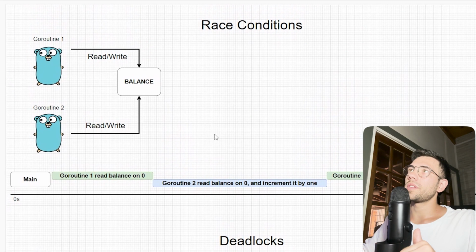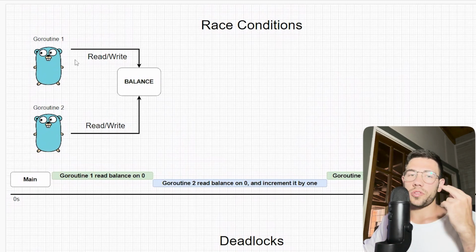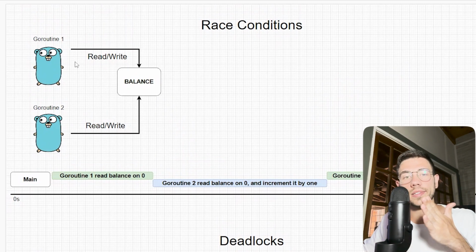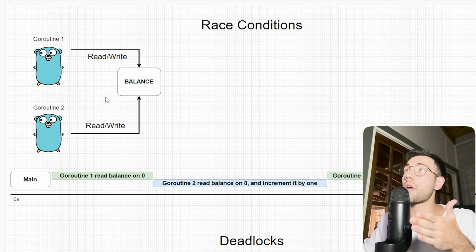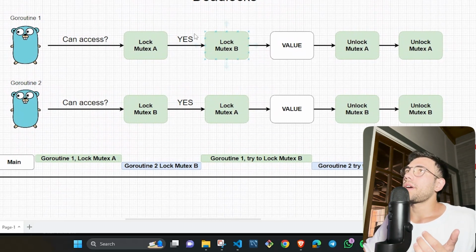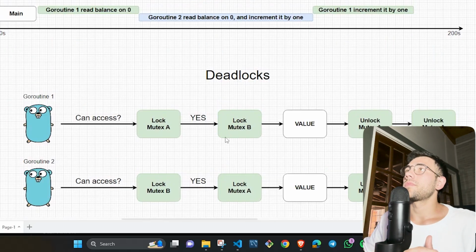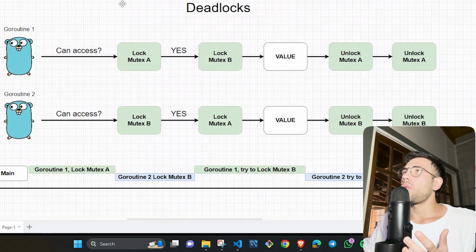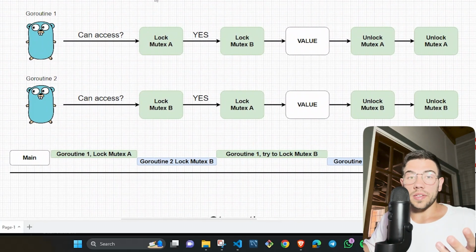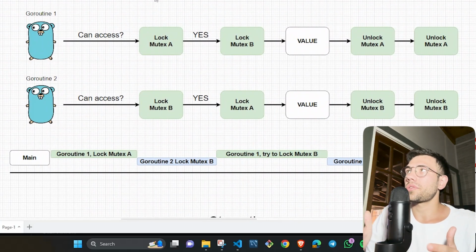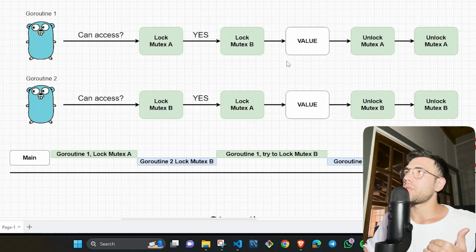It's an example very similar to this, because we have two routines that want to get access to some resource, to some variable. Since we want to prevent race conditions, this other concurrency issue, here we apply mutex, a synchronization mechanism, to prevent those race conditions when these two routines try to get access to this particular resource.